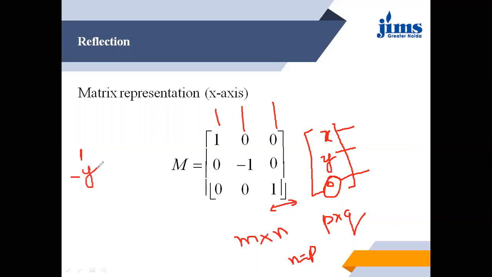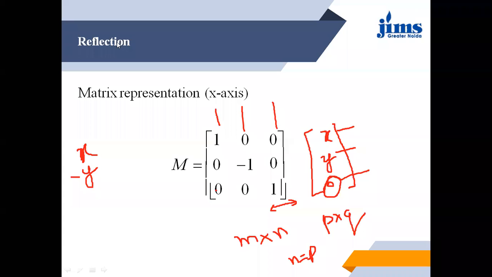Then when I multiply the last row, x multiplied by 0 is 0, 0 multiplied by y is 0, and 1 multiplied by 0 is 0.